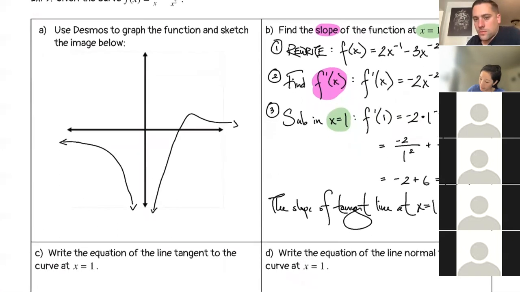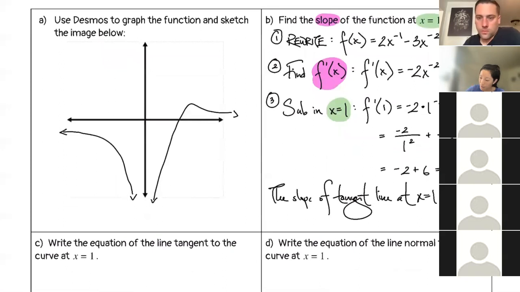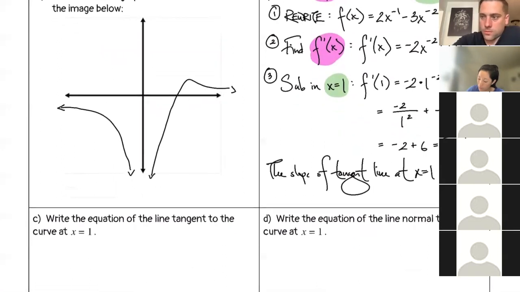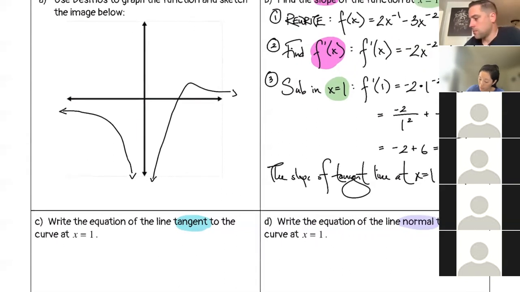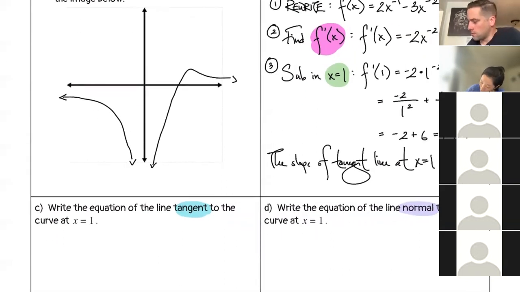All right, now, so we've graphed it, we found the slope. Now we have to write the equations of the line tangent and the line normal, okay? So we've got our tangent line, we've got our normal line. And we know that when we see these, I'm asking for us to write it in point slope form.